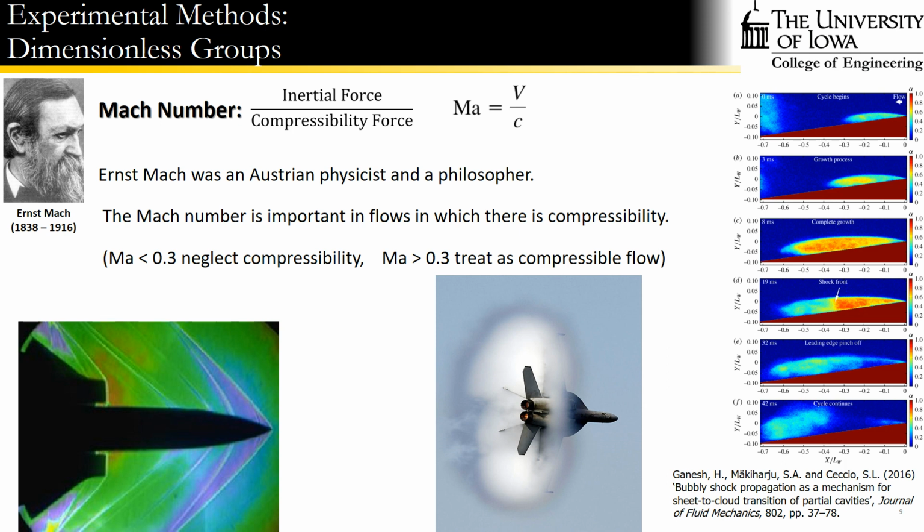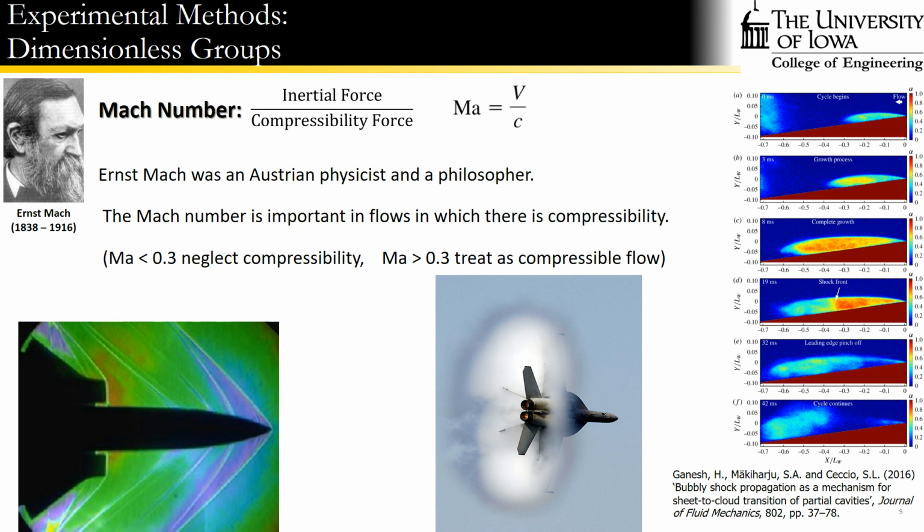The Mach number. This one doesn't actually come from the Navier-Stokes equations, but we added it in because it's important for cases where we have compressible flow. This represents the ratio of inertial forces to forces resulting from compressibility, the springiness of a fluid. It's the ratio of characteristic velocity to the acoustic speed, or the speed of sound in the fluid that we're considering.